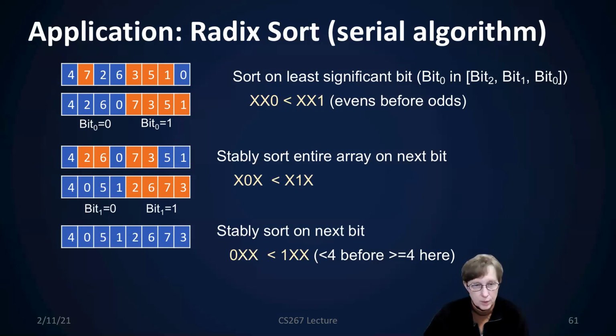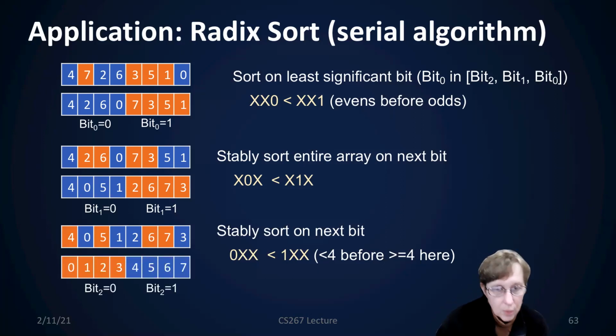Now we're looking at the things that are 4 or larger, which have a ones bit in that position for the 4, and the others, which are smaller. Sorry, I think I might have miscolored this last array, but by shifting the orange things to the right and the blue things to the left, we'll end up with this array being sorted.